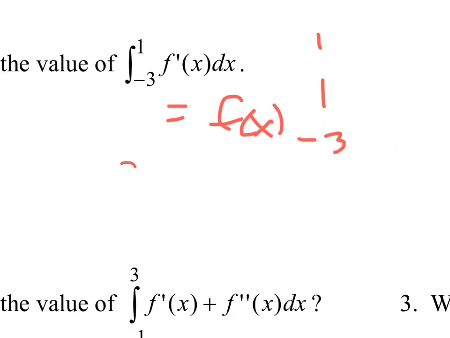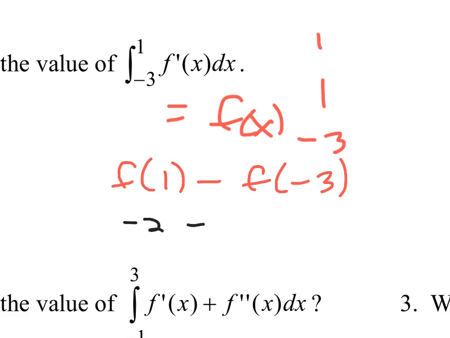So now that becomes small f evaluated at 1 minus small f evaluated at -3. Where do I get those values from? From the table. What is f of 1 in the table? -2. Minus, what's f of -3? 4. And that becomes a -6, I think.